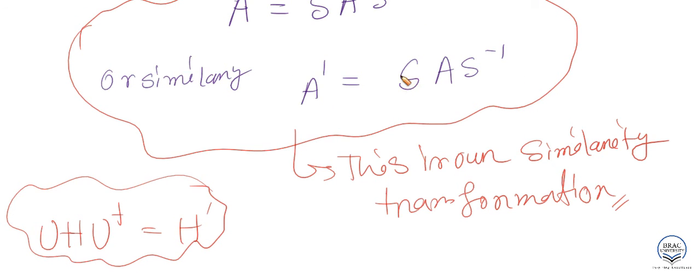And a special case is this unitary transformation, where the similar matrices, that is S, are actually unitary matrices, and the underlying physical information will be the same under this kind of transformation, because it's just a change of basis, and whatever physical information we have is not dependent on the basis itself.